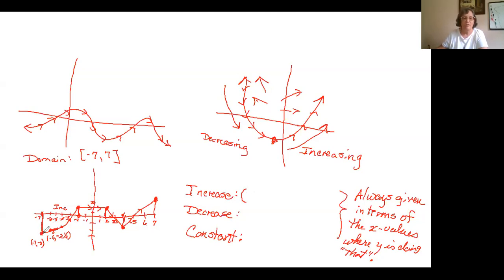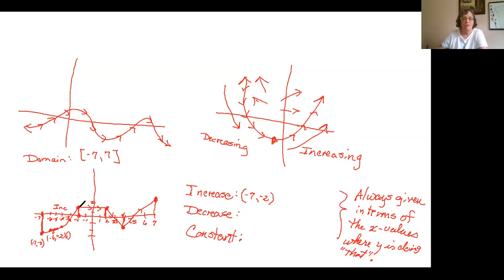At this point, there is no point to the left. It doesn't exist. So it could not actually fulfill the definition of increasing at this point. So if we start with parentheses -7, which would be just beyond the -7, and then just before we get to the -2, we stop.